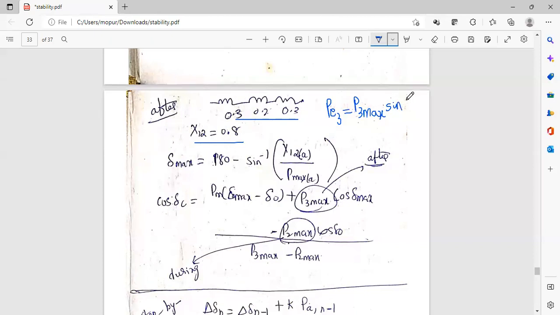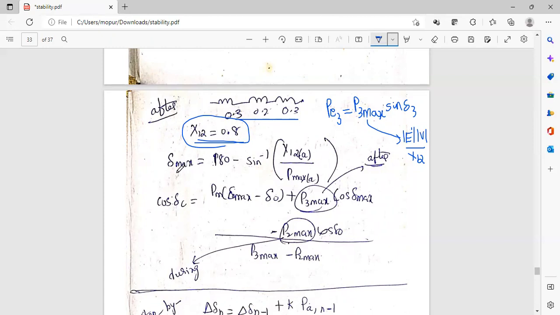This P3 max can be found out by using modulus of E or E dash, anything is same. That is sending end generator terminal voltage, and the modulus of V divided by modulus of X12. This X12 for the after fault condition is, you should remove this complete line. So you will be getting 0.8, corresponding value you will be finding. Then now you got all the things.